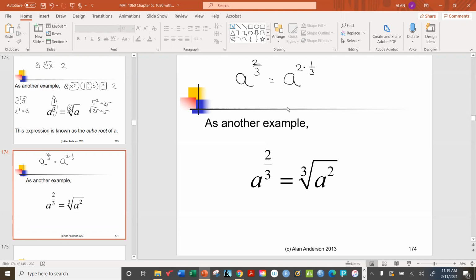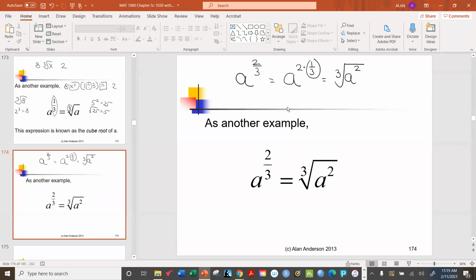But what this helps me recognize is that what I'm really being asked to do is take a squared and apply the cube root to it. So in other words, it's fine to remember this, but if you understand it, you won't run into any problems.